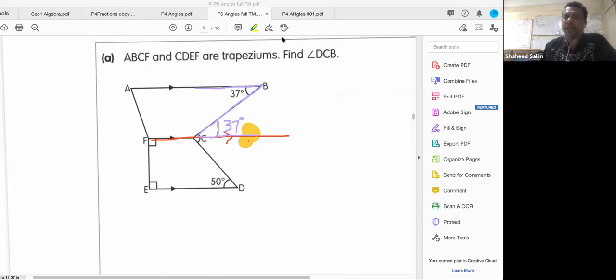Now we use another color, green. This is 50. 37 plus 50 is the answer. Yes, 87. Well done.